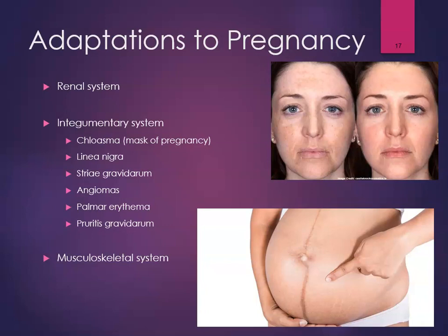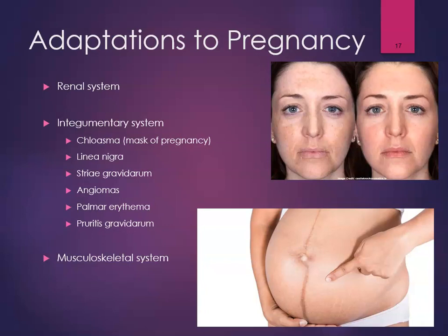And because of that, oftentimes their BUN and creatinine will be lower because of that increased filtration rate. And then in that last trimester, that increased urinary frequency is related to having a bowling ball sitting on their uterus, essentially, that is putting that pressure on their bladder and causing them to have urinary frequency.